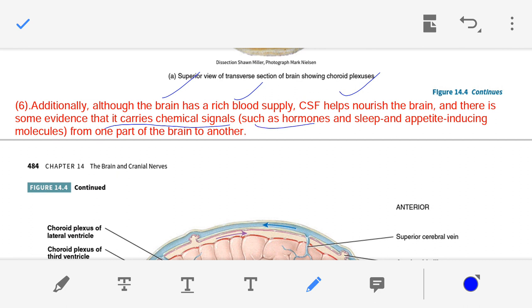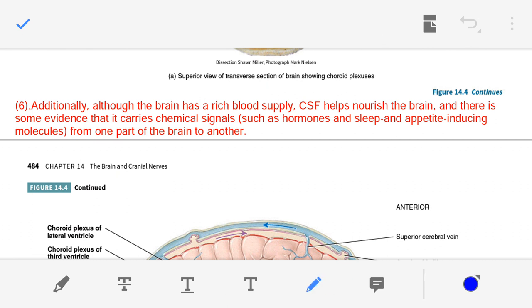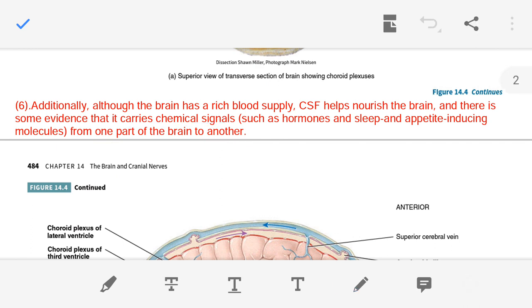There are some molecules present in the CSF which induce sleep, and some molecules are responsible for our appetite, that means for our hunger. So CSF is carrying these chemical signals from one part to another part of the brain.